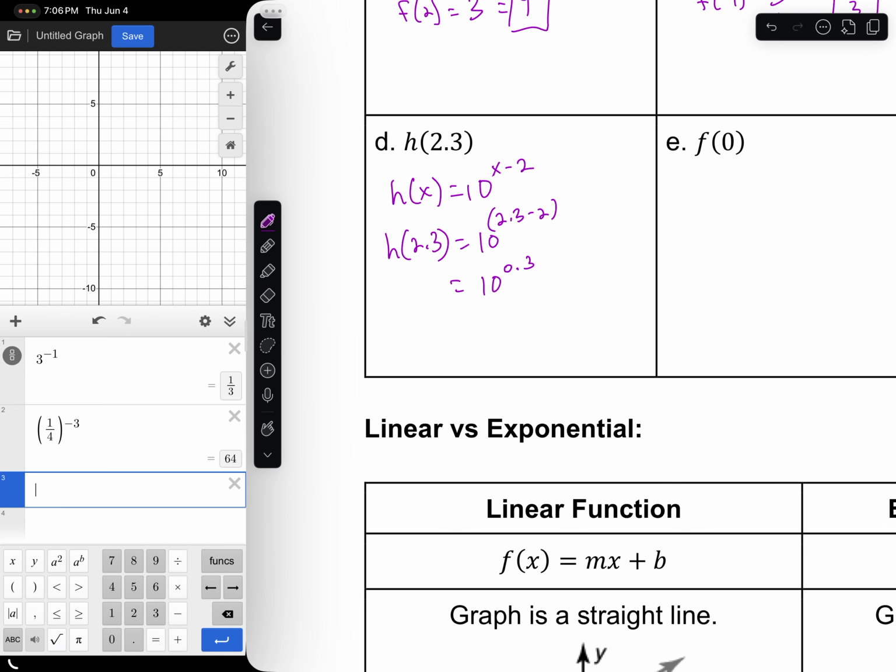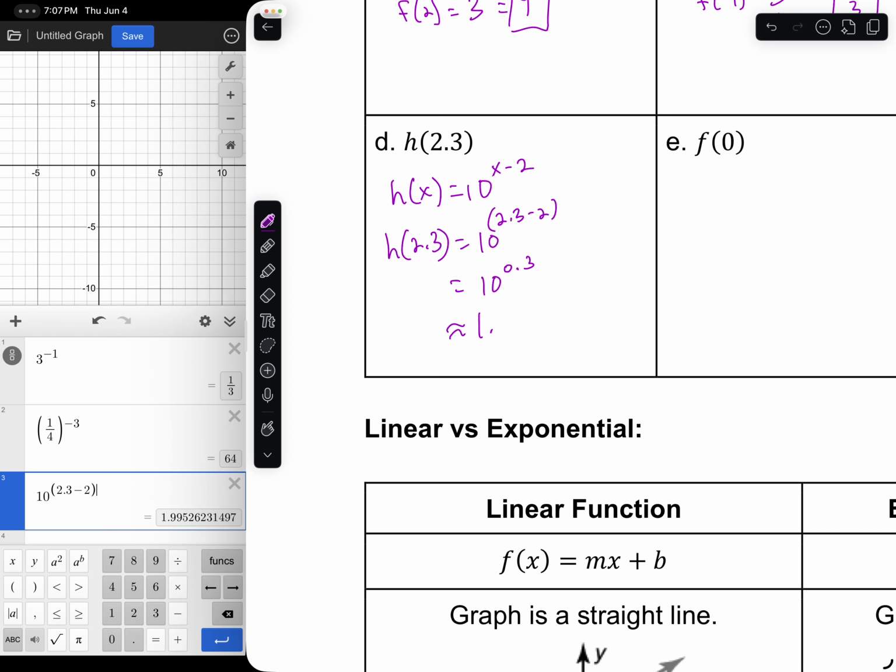If I'm using Desmos and I have to put multiple things in the exponent, I need parentheses. So 10 to the exponent (2.3 minus 2). I'm just going to write the whole original thing out. And that gives me about 1.995. We'll just call it that, and end the decimal there.